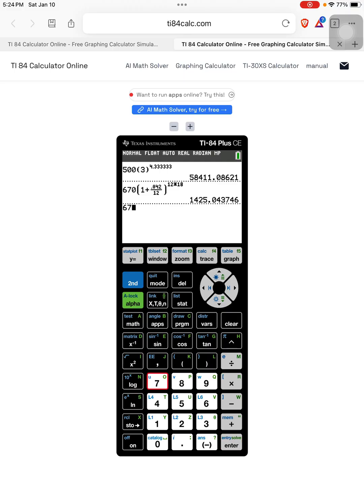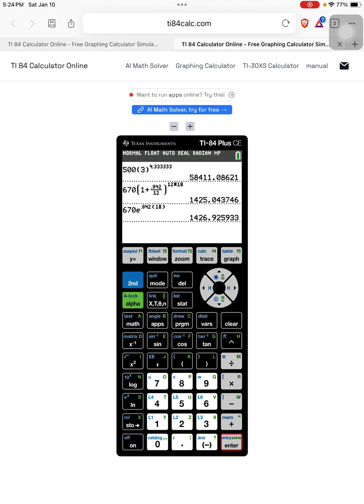So 670, all right? Second, right next to this 4 here, e to the x, 0.042 multiplied by 18 years. Enter. Oh, look, $1,426.93, right?